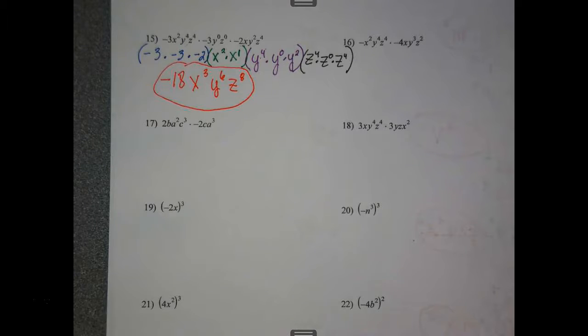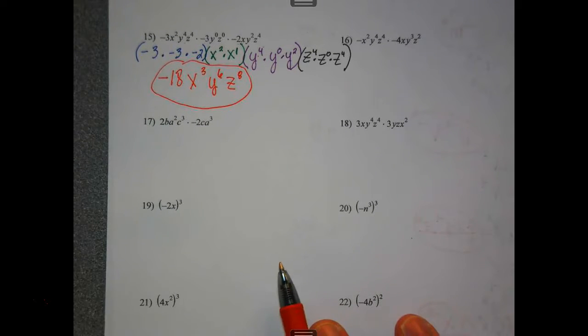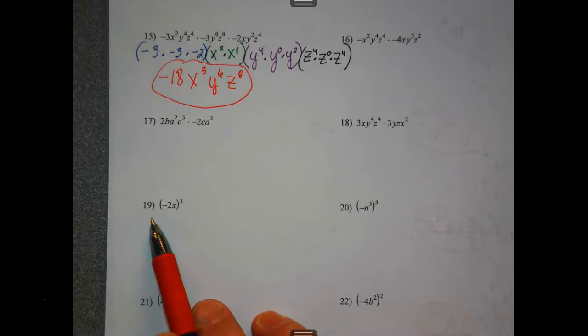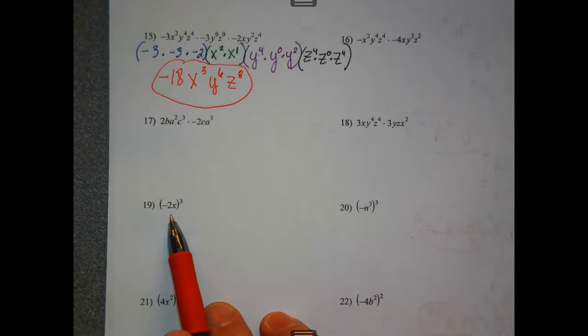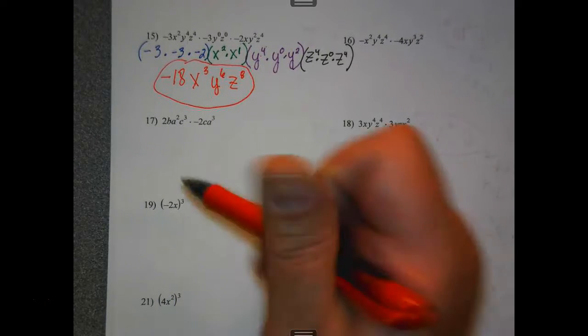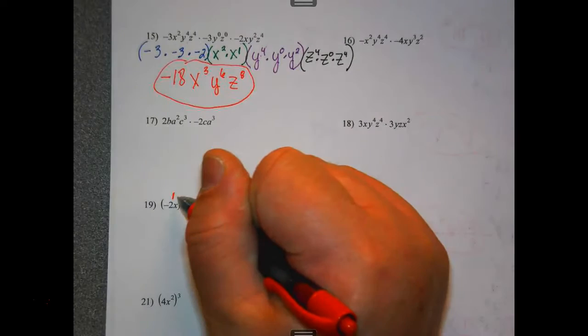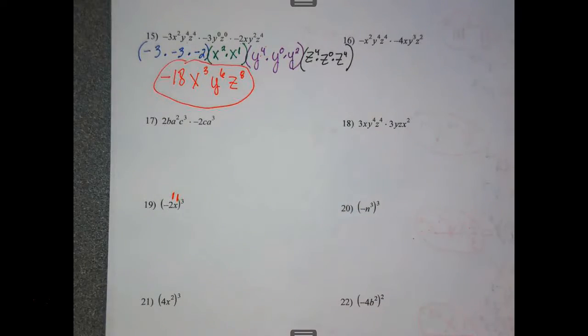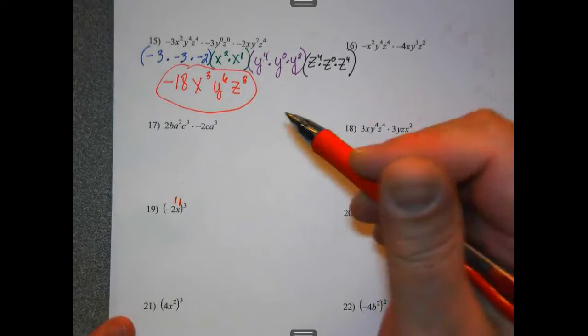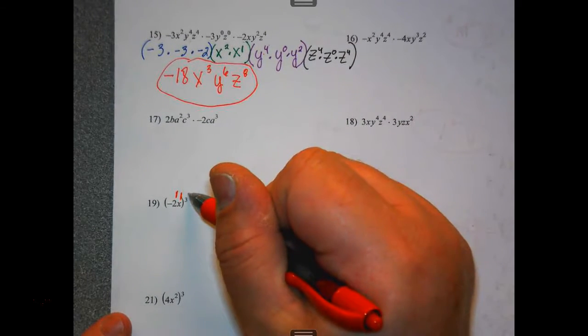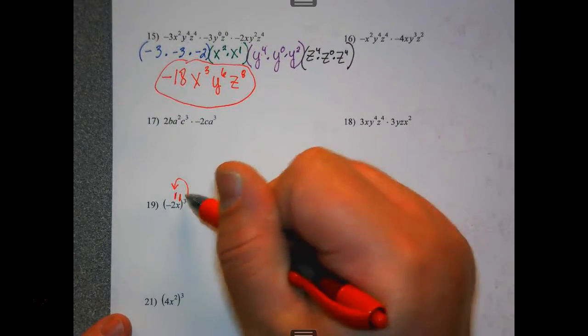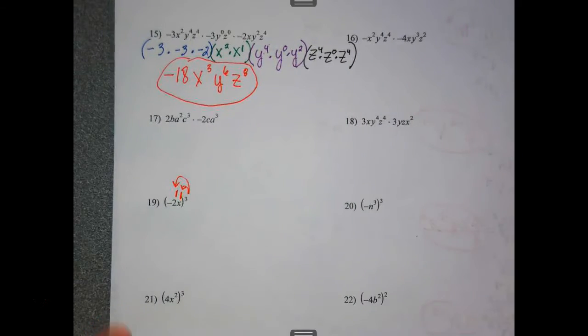What about power to a power? Number 19. Again, if there's no exponent there, it's a 1. You're going to multiply over the parentheses, just like distribution, right?